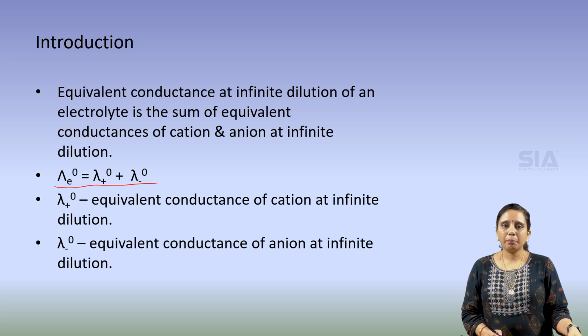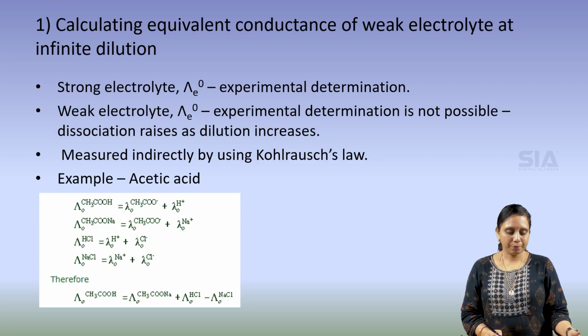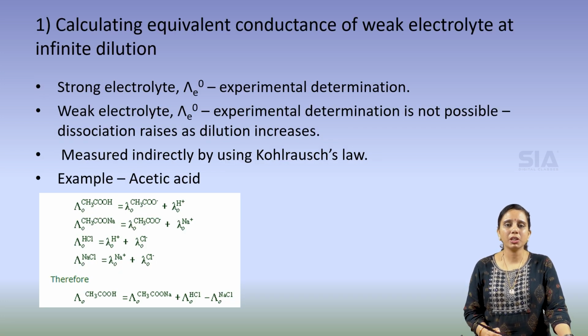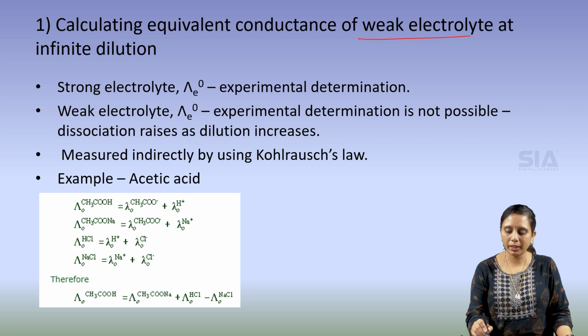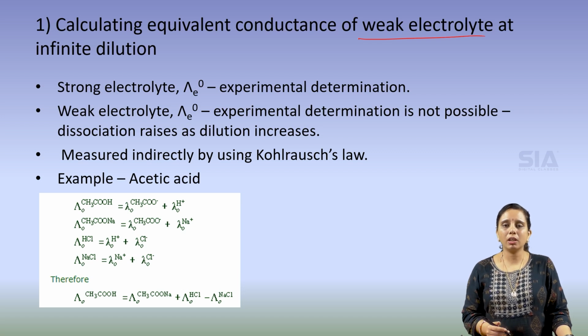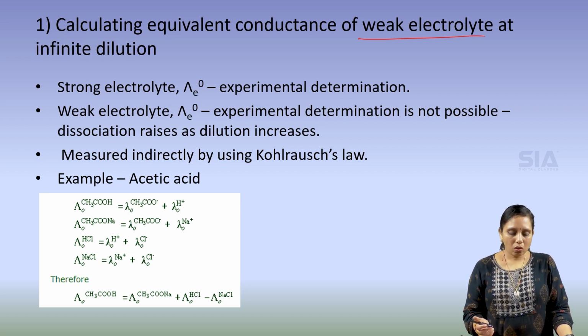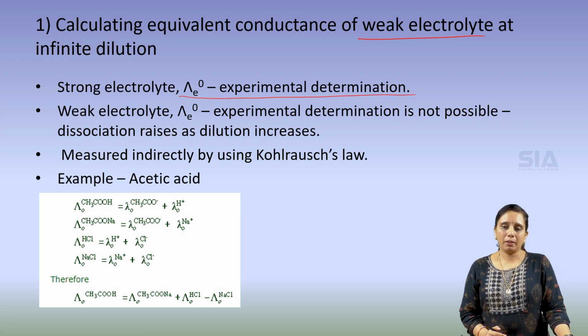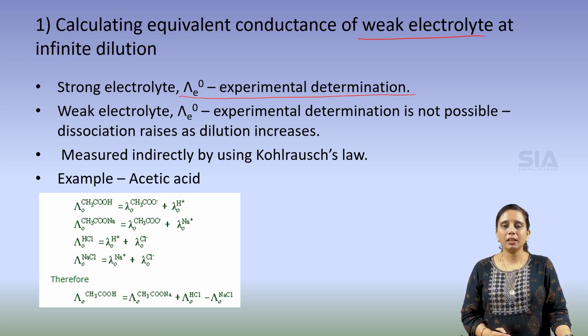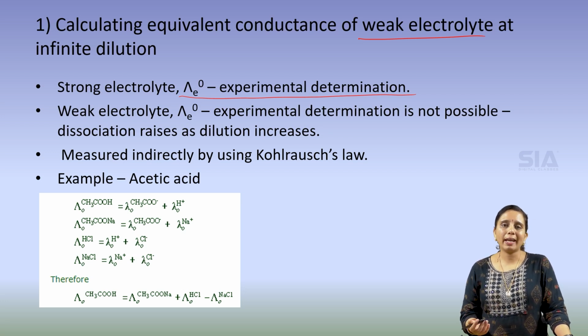Let us come to the applications. The first application is that Kohlrausch law can be used to know the equivalent conductance value at infinite dilution for a weak electrolyte. We all know that weak electrolytes do not dissociate completely. The equivalent conductance at infinite dilution for a strong electrolyte can be determined experimentally.